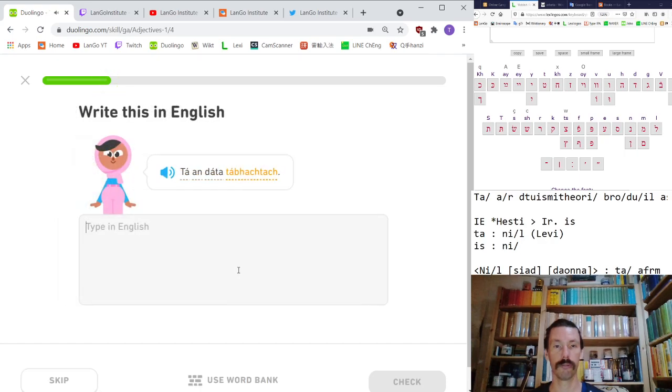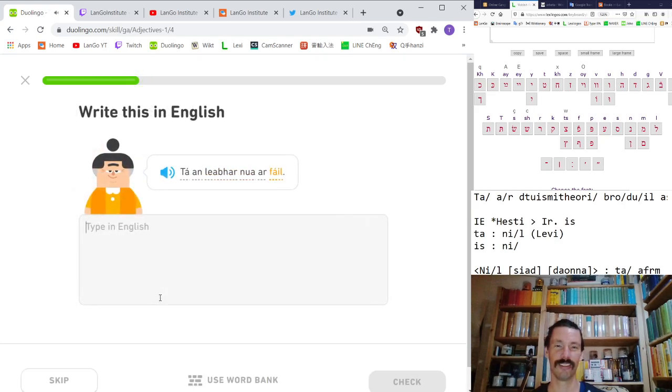Tá an dáta tábhachtach. For tábhachtach, it sounds a little bit like German gewichtig. Take off the prefix. Wichtig means important. Tá, so the date is the subject, and dáta is tábhachtach, important. Tá an dáta tábhachtach.